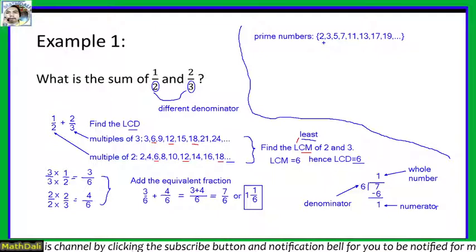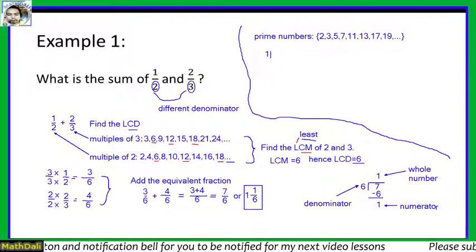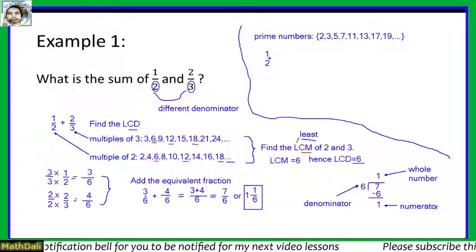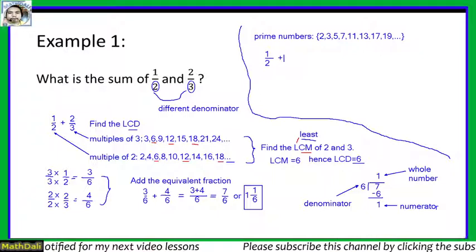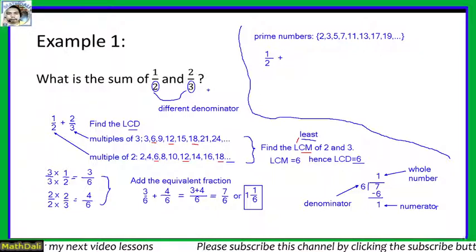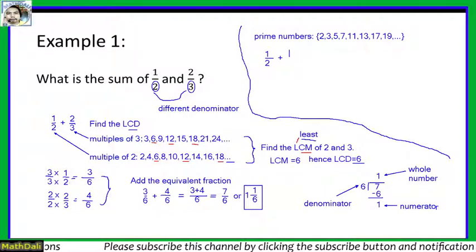So, kung ito yung makikita nating denominator, ang gagawin lang natin yan, yung given natin na 1/2 plus, ito yung ating alternative. Kung sakaling napansin na ninyo na yung ating denominator ay prime number. Then, we have 2/3.